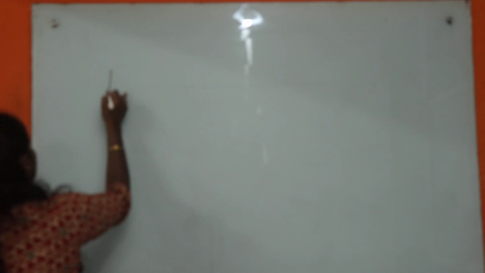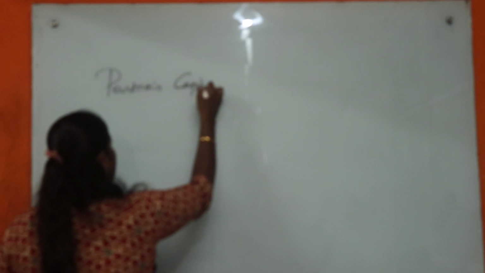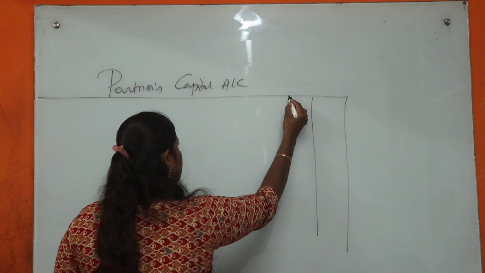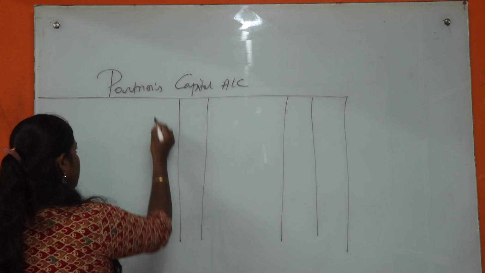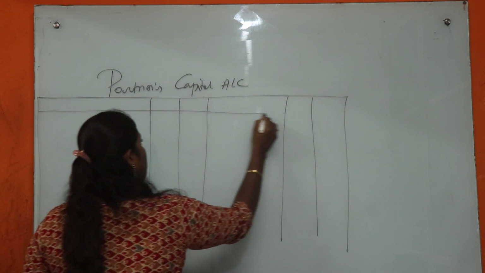The next part we will be taking up is the partner's capital account. What the partner's capital account is for is to check whatever amount is left over in their capital accounts. The format is very important.